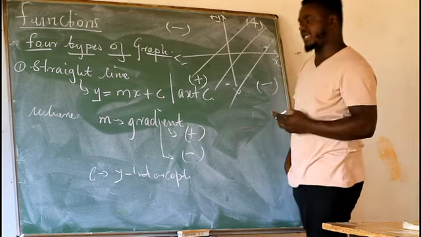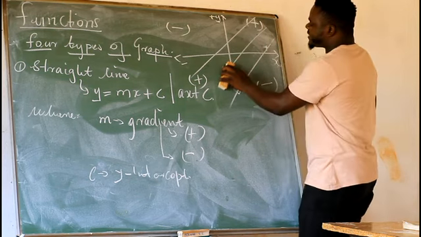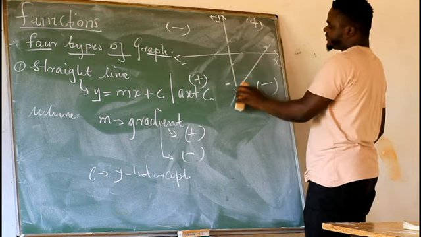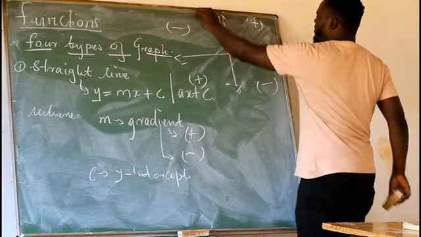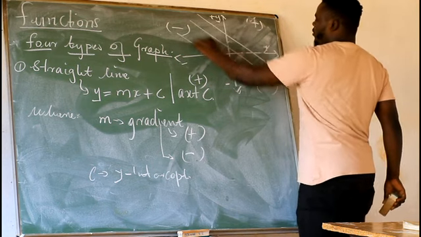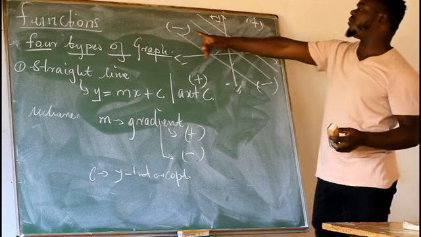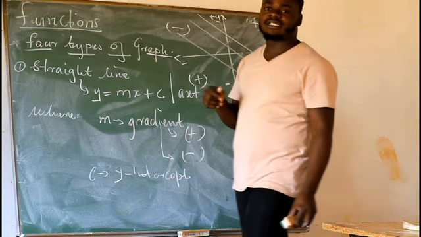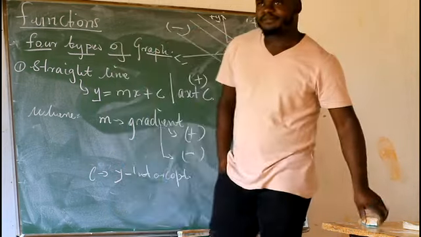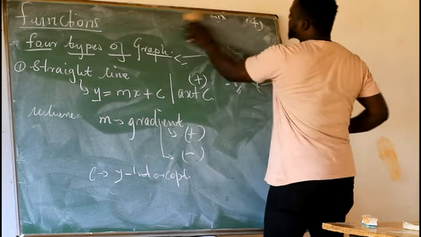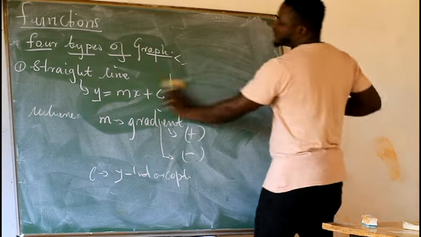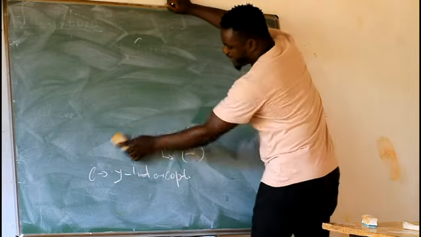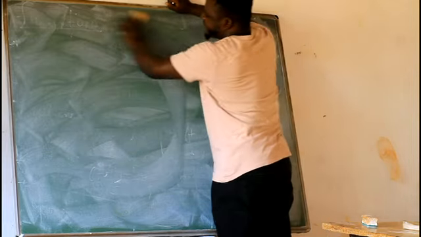Whenever the gradient is negative, the straight line lies on our second quadrant and fourth quadrant. This one shows that the gradient is negative, lying on the second and fourth quadrants. A straight line is a very simple graph. The only thing you have to know is that m represents the gradient and c is the y-intercept.